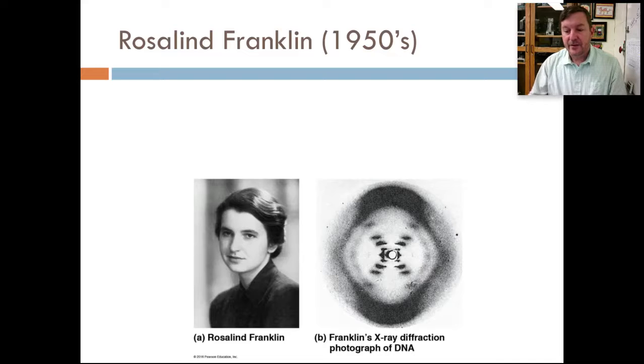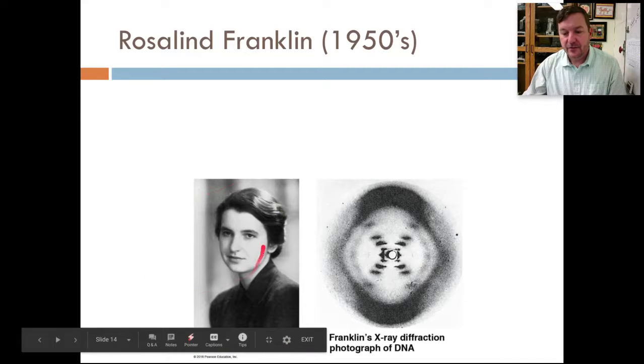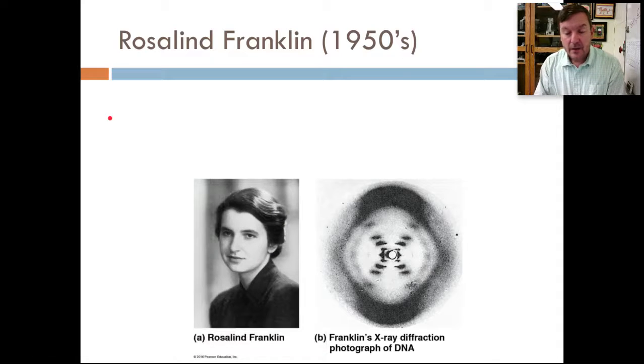Then along came Rosalind Franklin. This is her right here. And for those of you who are in class, who have watched the video about Photo 51, that is Photo 51 there, in section B. Photo 51 is famous because it is the photo that Watson and Crick used to finally understand the actual structure of DNA.